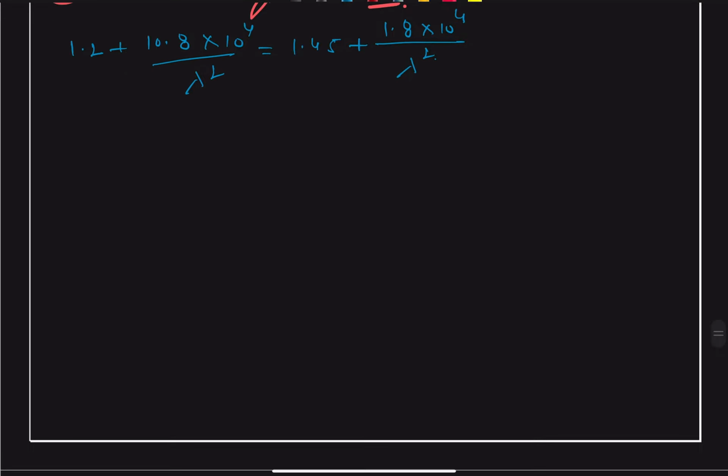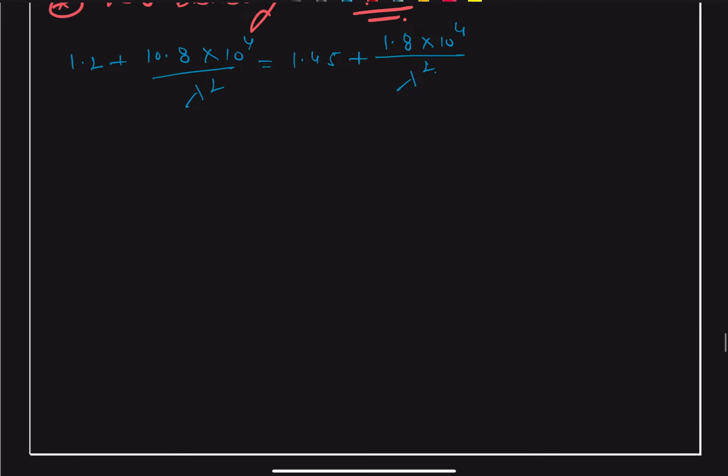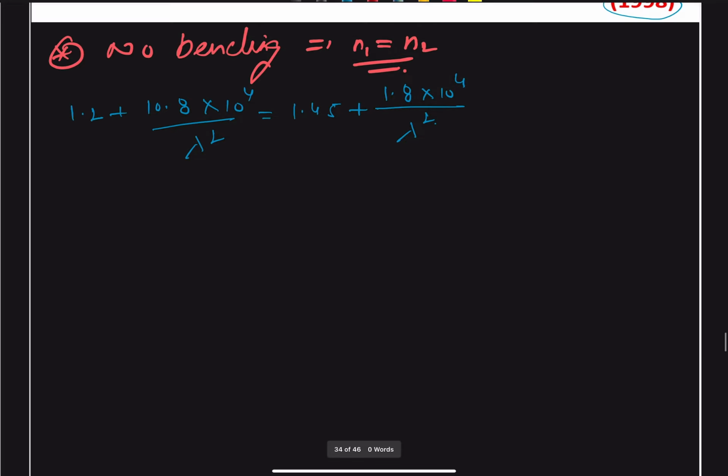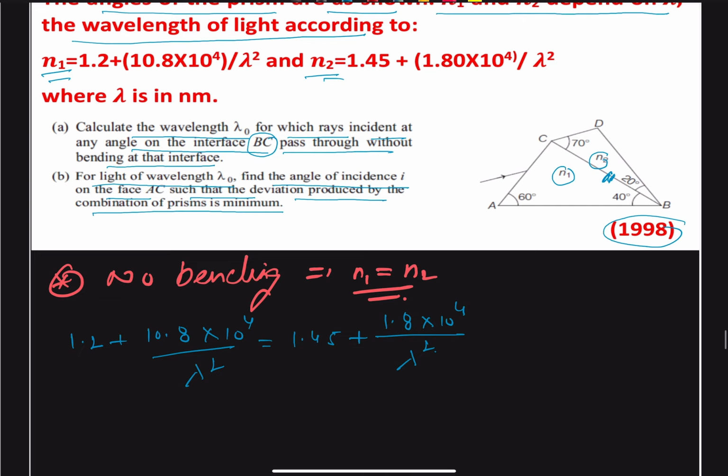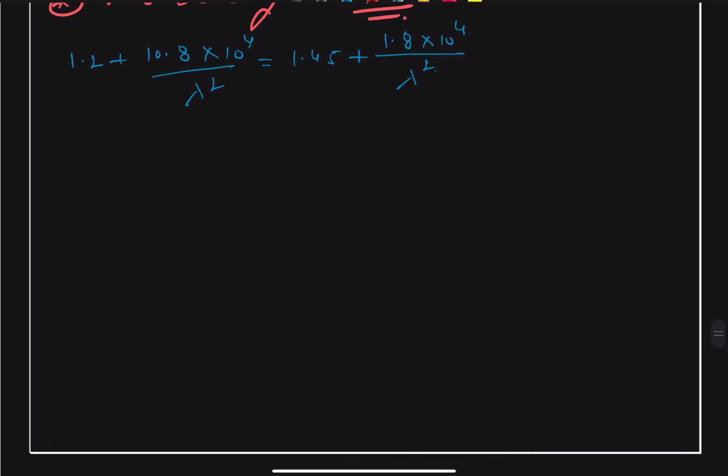So we can quite easily solve it now, and combine the lambda terms to one side. We get 1 upon lambda square times 10.8 minus 1.8 into 10 to the power 4 is equal to 1.45 minus 1.2.